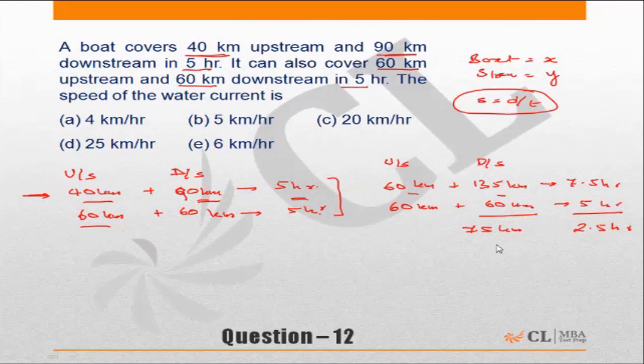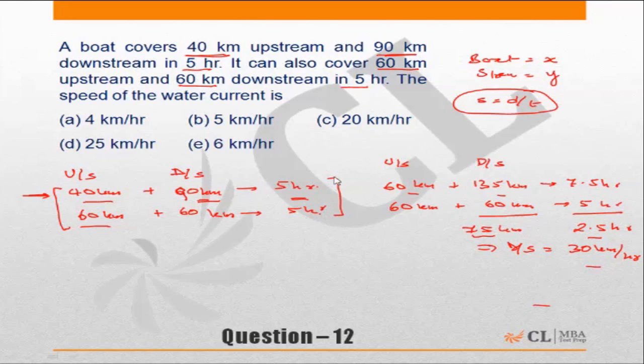Or in other words, I can say downstream speed is 75 kilometers in 2.5 hours, which is equal to 30 kilometers per hour. So all I did was I looked at the two equations. I said, can I cancel out either the upstream or the downstream distance? Because if I can cancel out one of them, the other one will give me the speed in that direction. So here we have said that downstream speed is equal to 30 kilometers per hour.